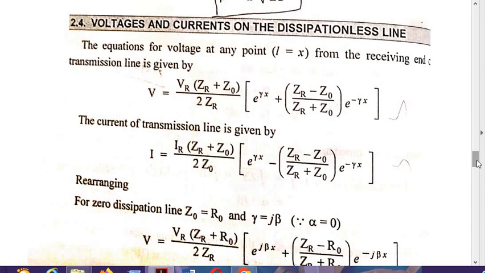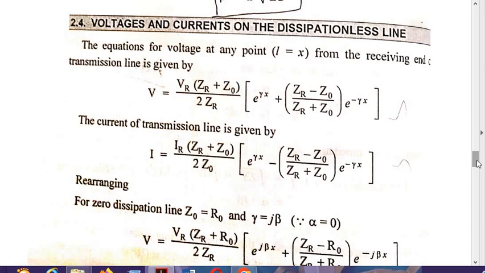Since we have already derived the voltage value, for the dissipationless line we consider the line constant gamma, which is equal to alpha plus j beta, but the attenuation becomes 0 for the dissipationless line.